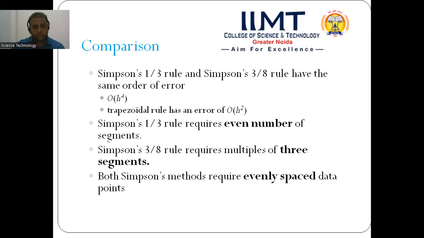So the fourth power of a small value will be much smaller than the square of that value. So the trapezoidal rule has greater error than the Simpson. Simpson 1/3 rule requires an even number of segments, and Simpson 3/8 rule requires a multiple of 3 segments. Both Simpson methods require evenly spaced data.